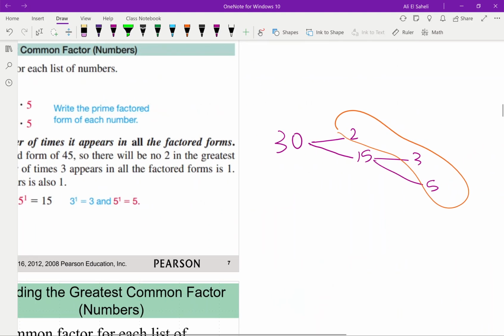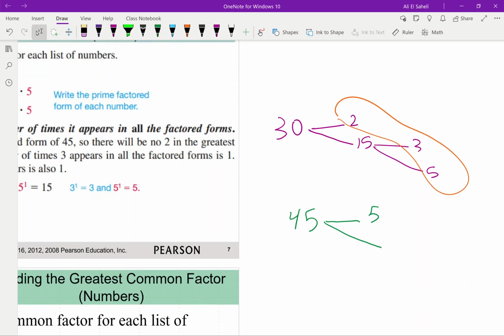45. 45 is not even, so it divides by 5 though. Remember, 5 is a prime number. So it is 5 times 9.